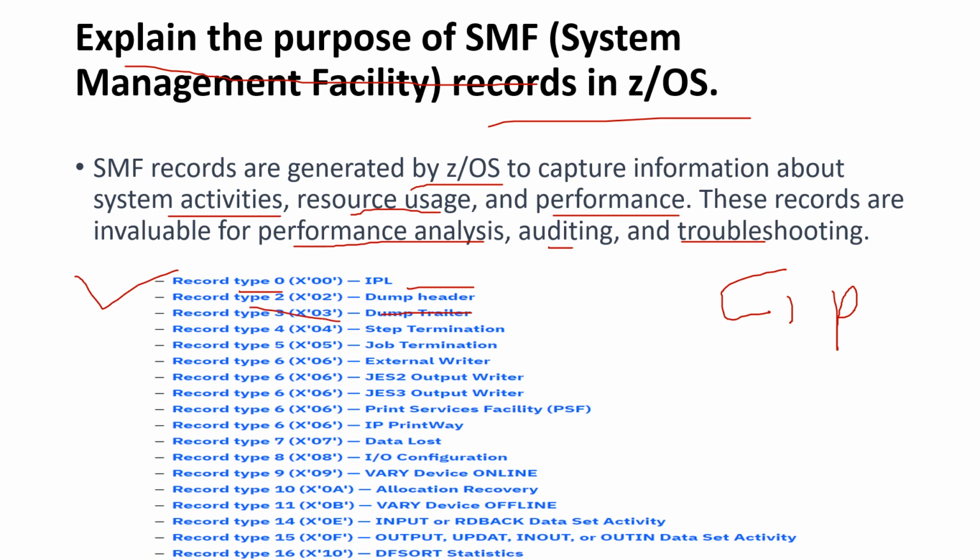Similarly, there are lots of records in SMF for every subsystem or every system. Like the DB2 record type is different, the CICS record type is different, the z/OS record type is different. If you want a step termination, you need to use record type 4.